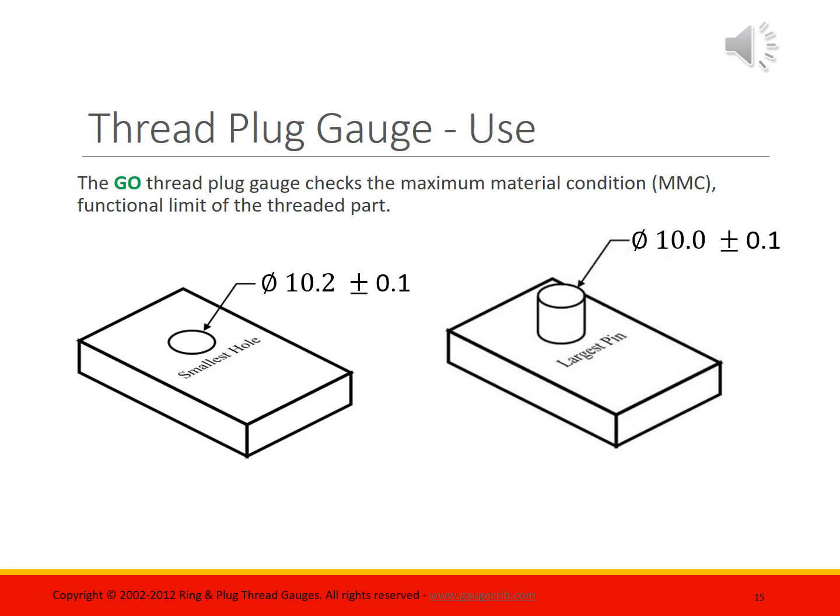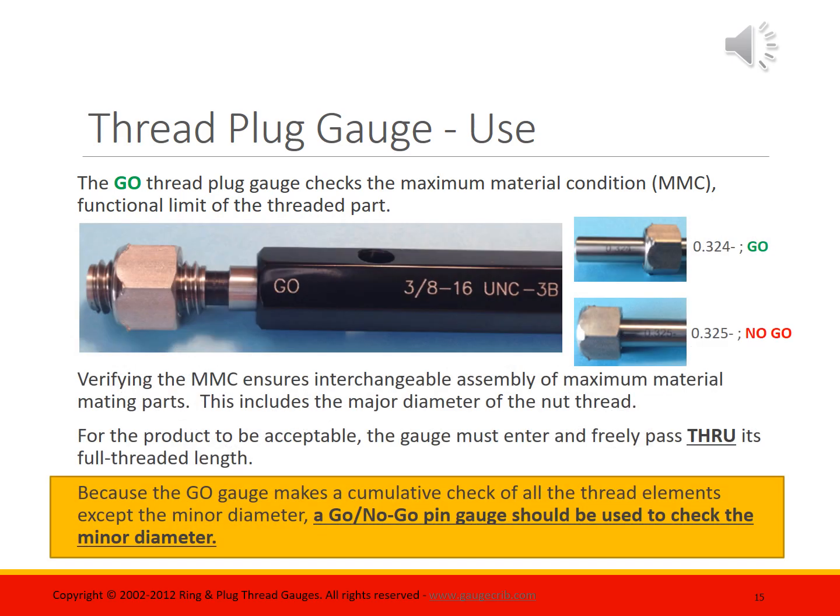Maximum meat pin fits maximum meat hole. In this case, it'll be line to line, a perfect fit, provided we have perfect form. Now, verifying the MMC ensures interchangeability of assembly of toleranced mating parts. And this includes the major diameter of a nut thread.